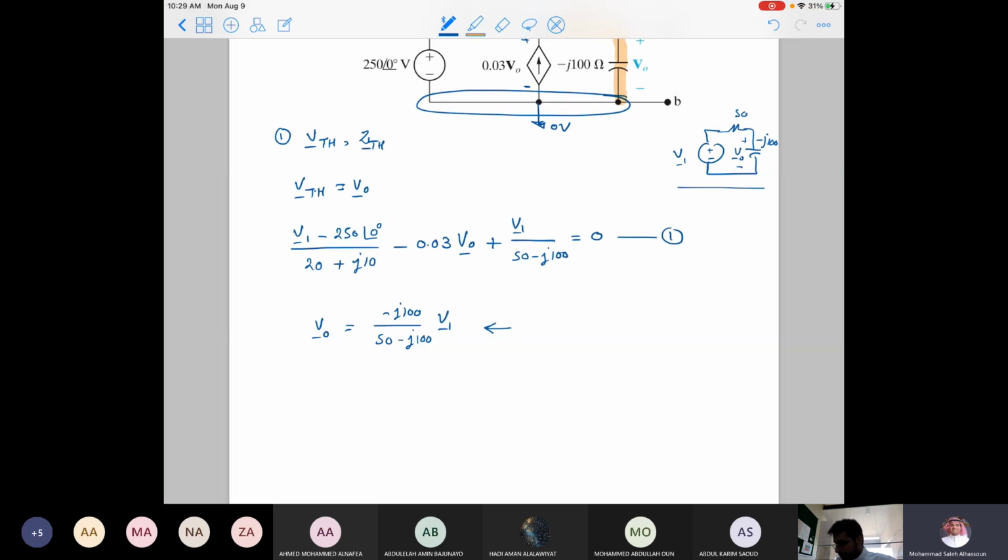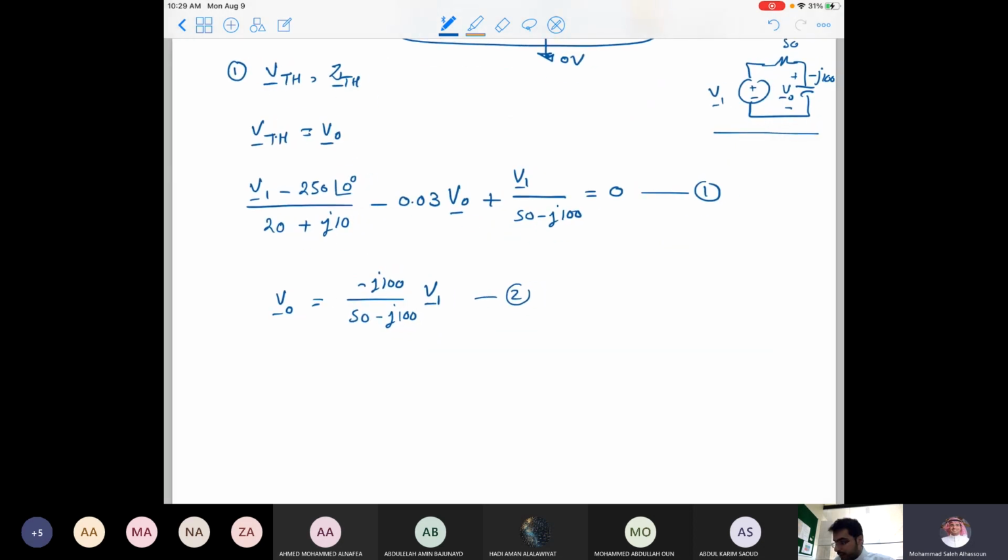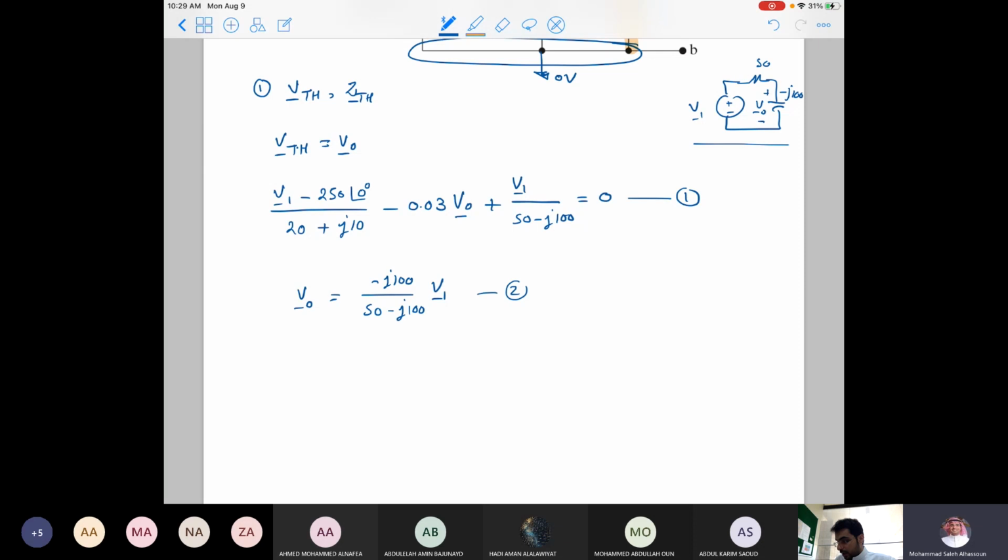So now I will take this equation and substitute it back. I just want to have one single equation because it's complex numbers, so I don't want to be worried about different things here. If I take this equation and substitute, what I will get is the first term stays as it is. Nothing has changed with respect to it. The second term is 0.03 multiplied by 100, which is 3.